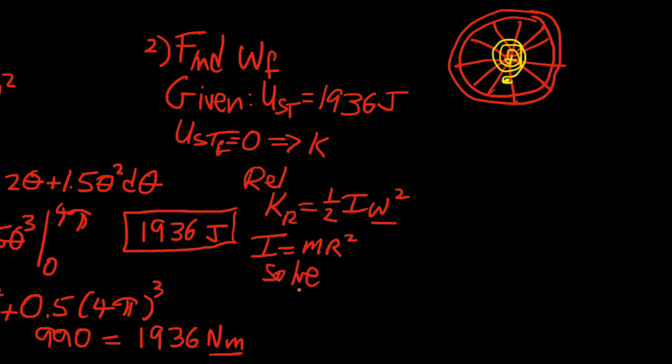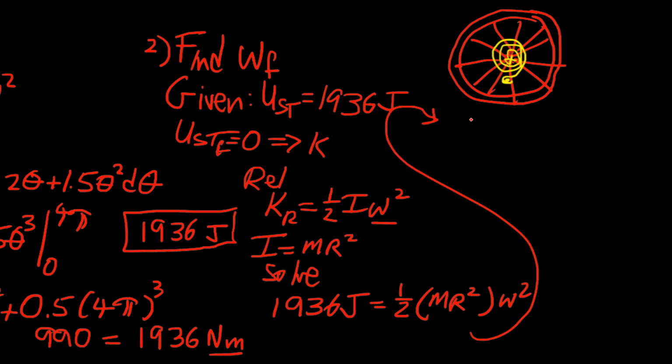Let's go ahead and solve this now. 1936 joules is equal to 1/2 m r squared times omega squared. I'm going to drop the units for right now. 1936 is equal to 1/2 times our mass, 0.5, times our radius squared. Notice that's 700 millimeters for a diameter, so our radius is 0.35, squared, and that's all times omega squared.